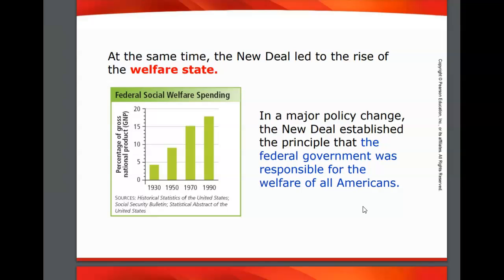The many programs that Roosevelt enacted to realize that goal were known as the rise of the welfare state in the United States. In other words, the term welfare state is used to describe a government that assumes a large responsibility for providing for the welfare of children, the poor, the elderly, the sick, the disabled, and the unemployed.